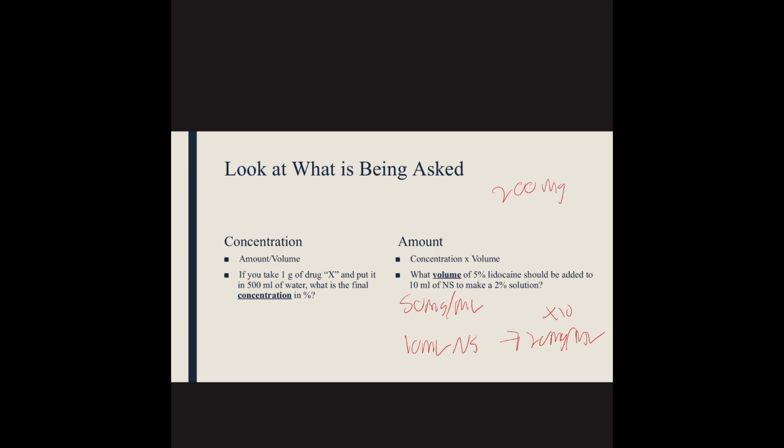If we have to put a 50 milligram per milliliter solution into the vial, then we need to remove 4 milliliters of the saline and put 4 milliliters of our 5% solution in, and then we would get 20 milligrams per milliliter.